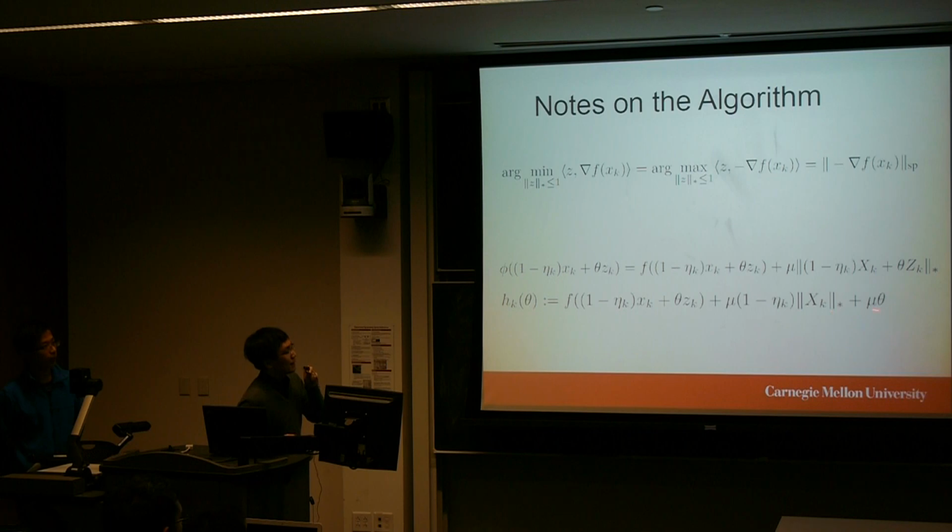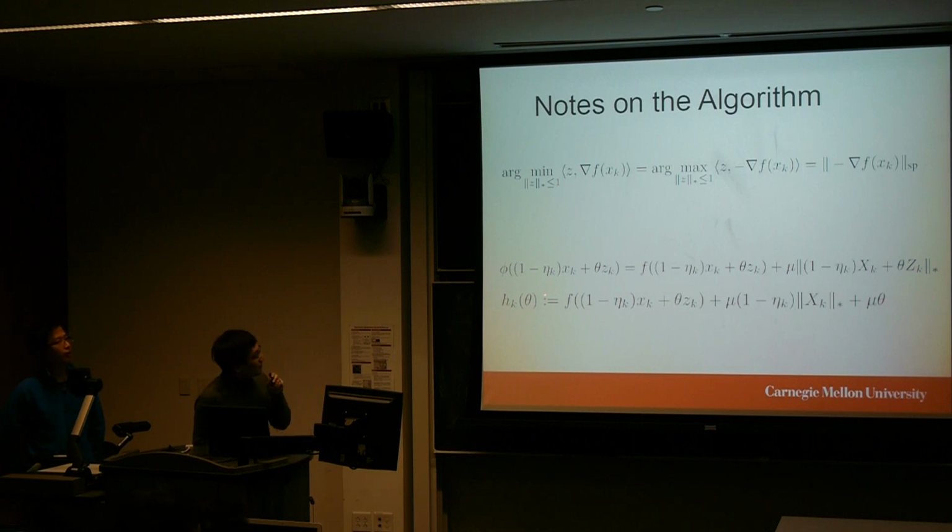And by the definition, zk is no more than 1, so we relax this term. So this is the upper bound of this term. Finally, this is a projective function of theta, so we can find a closed form solution for theta. So the computation is very cheap.